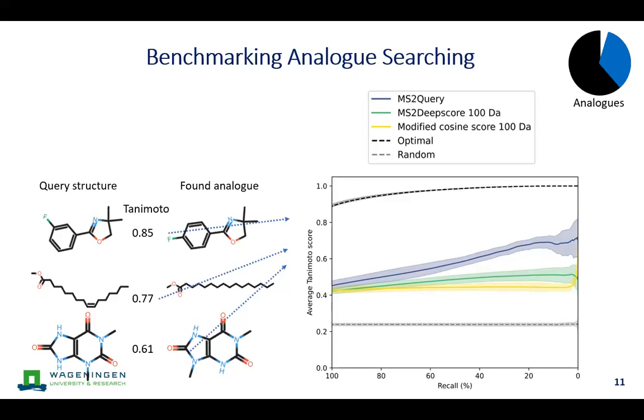But what was good to see for MS2Query is that across the whole ballpark, it outperformed the traditional scores by returning structurally more similar analogs. But of course, we would recommend to use it mainly in this realm, this place here, because here it is really meaningful. Over here, it simply means that the structural similarity is low.